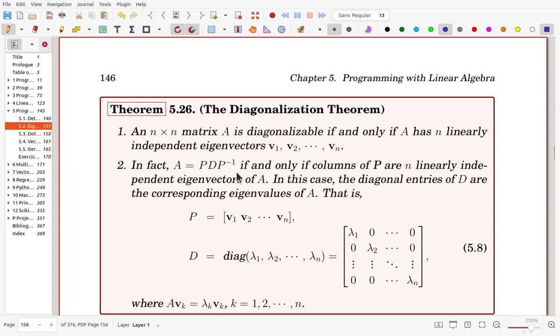So once it is diagonalizable, then we can always write it this way, and this is the only way. So P will be the collection of eigenvectors, and D is the diagonal matrix of the corresponding eigenvalues in the same order.